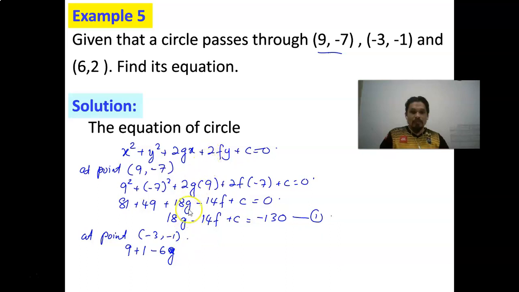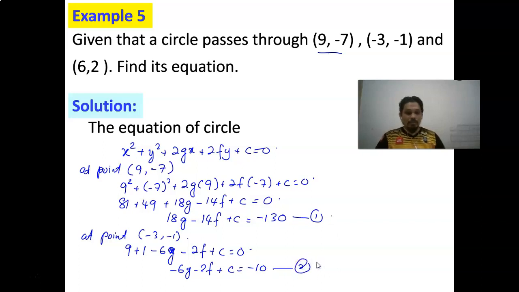Then 2 times negative 1 equal to negative 2f plus c equal to 0. And then negative 6g minus 2f plus c equal to negative 10. Equation 2.